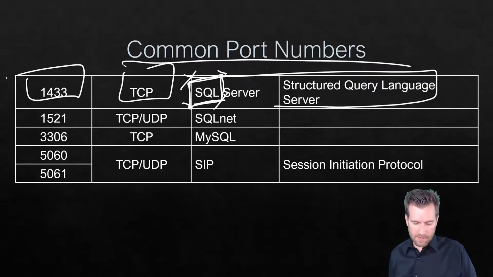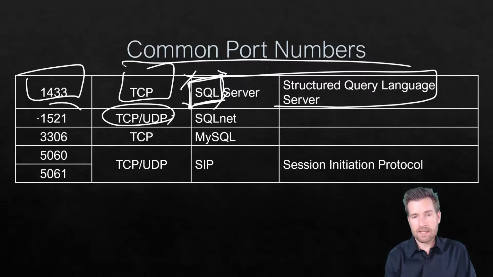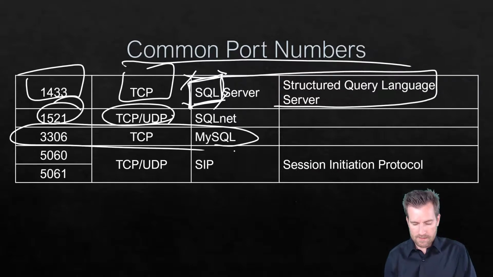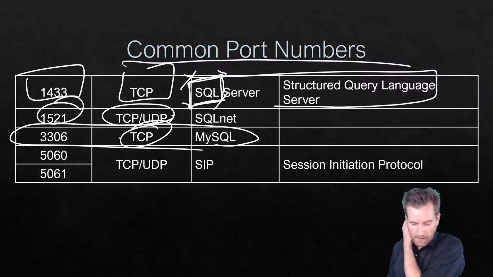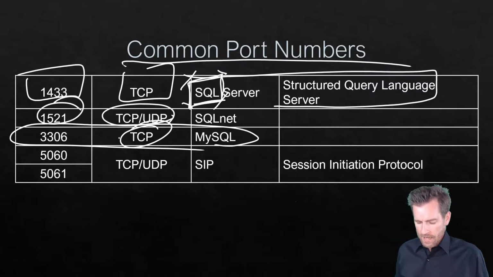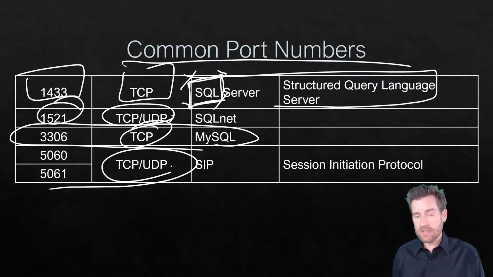We have a couple variations of this. SQLnet, which is TCP and UDP, on port 1521. We've also got MySQL databases, which is port 3306, and operates off of TCP. And then we have SIP, which has TCP and UDP within it.